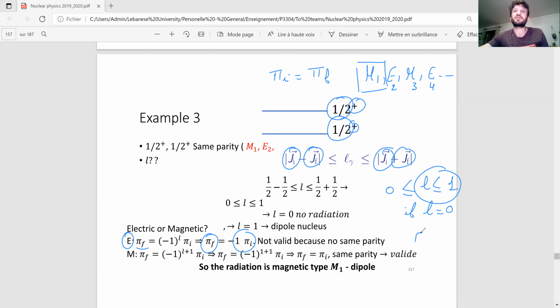We can say E1, no. What about the magnetic condition? We put L equals 1 and get pi final equals pi initial. It's okay. So we have M1. Yes, so the answer will be M1, a magnetic dipole transition, between 1/2 plus and 1/2 plus.